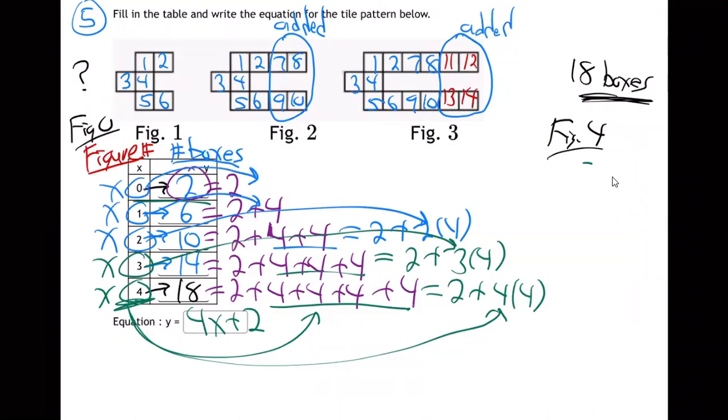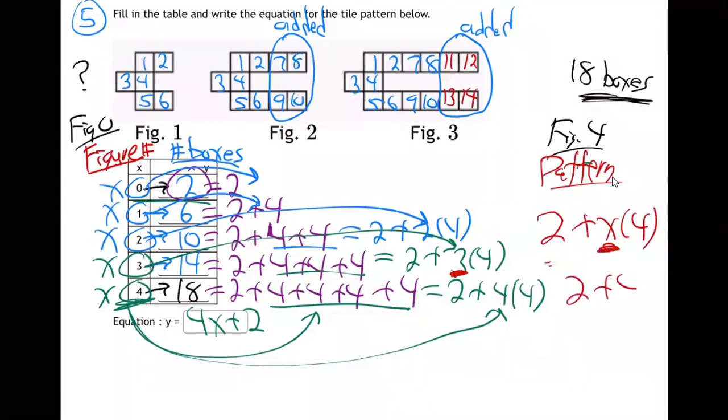So in other words, the pattern is 2, let me write the pattern right here. The pattern is 2 plus x 4s. Right? Isn't that the pattern? 2 plus x 4s.